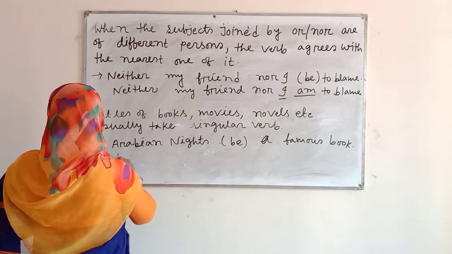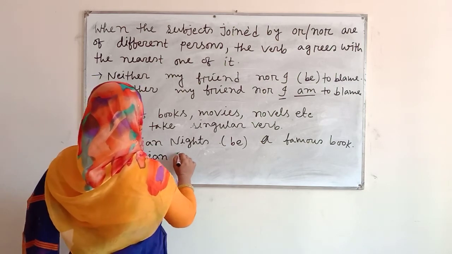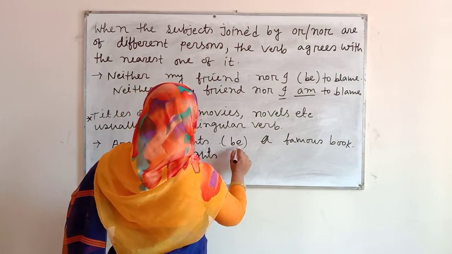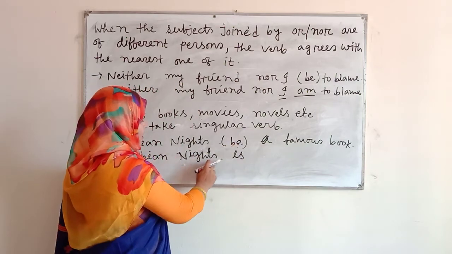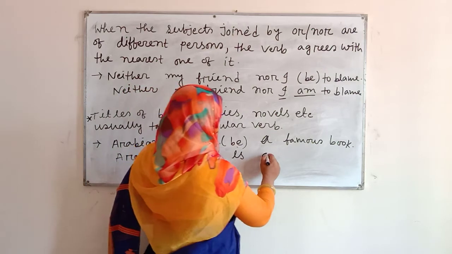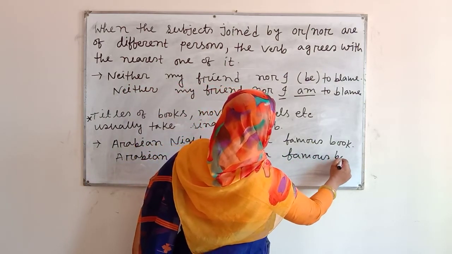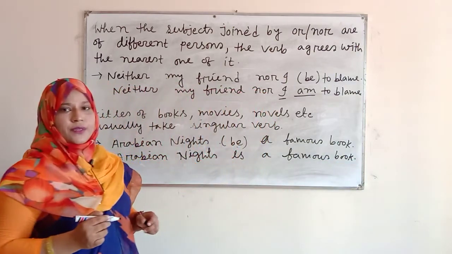Our answer will be Arabian Nights is, not are. আমরা এখানে কি ব্যবহার করেছি is. It is singular noun. Arabian Nights is a famous book. Now we are going for the next rule.